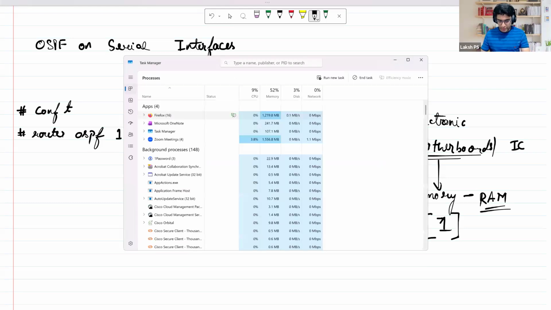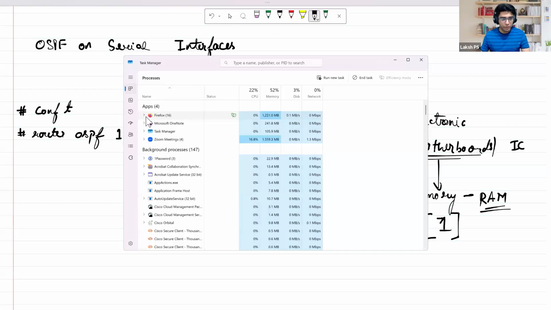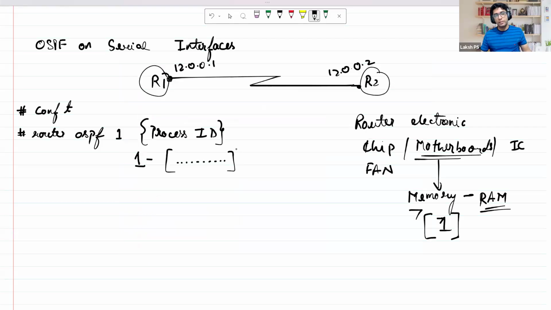Just like on my task manager, you can see there are 16 Firefox processes running. On my laptop I have Firefox running, but I have 16 different processes of Firefox. Similarly, you can have multiple OSPF processes running on a router as well.